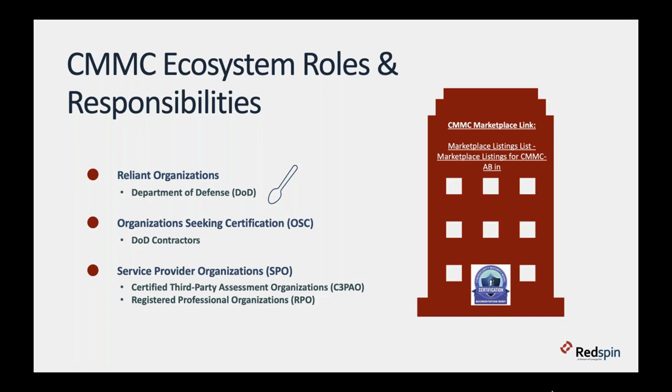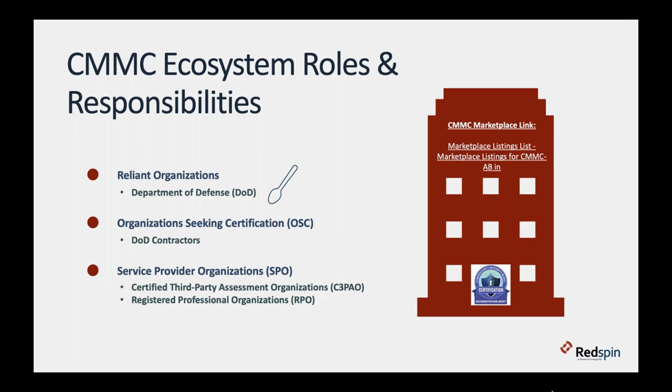In the future, this may expand to other reliant organizations, other federal agencies. The second category is organizations seeking certification, such as DoD contractors that require a targeted level of certification by the time of contract award. As of right now, OSCs are currently limited to the DoD, but we are seeing that potentially this is expanding to other federal agencies, and some of you may have seen that in the news.